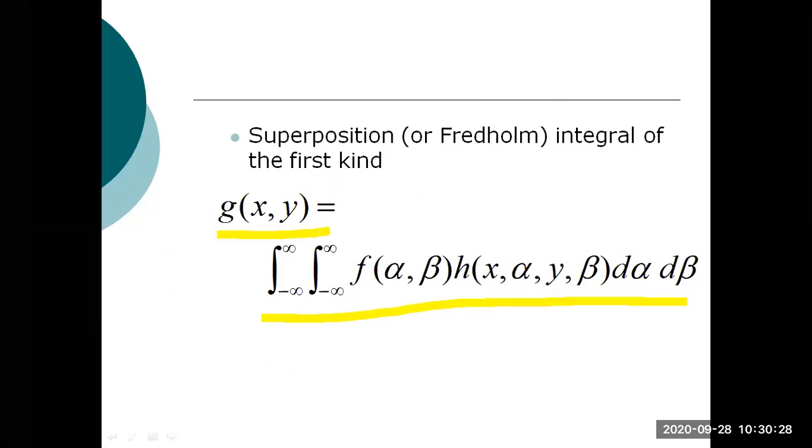This is already derived in our first position linear invariant: g of x comma y equals the double integration from minus infinity to plus infinity of f of alpha comma beta into h of x comma alpha comma y comma beta into d alpha d beta.